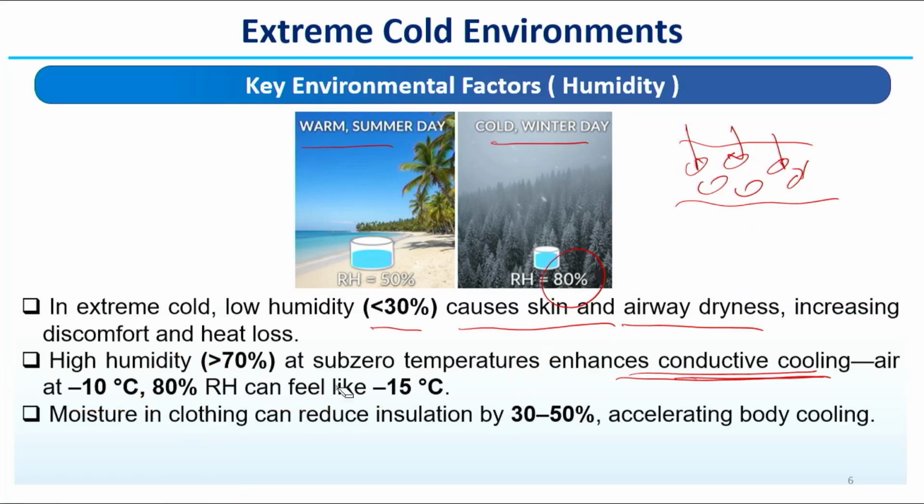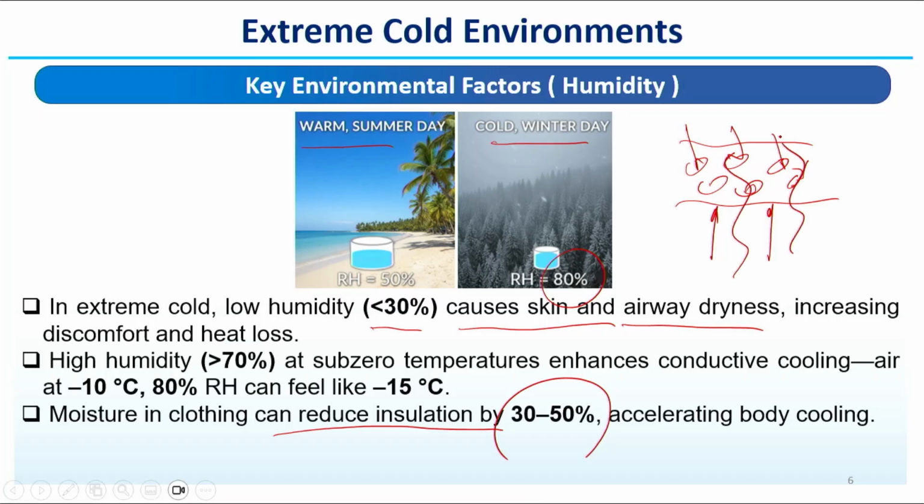Now, the moisture in clothing can reduce the insulation, that is well known, and that is what we have discussed. Inside the clothing, if moisture is there, that will enhance the thermal conductivity, and insulation may be reduced by 30 to 50%, which accelerates the body cooling by conductive heat loss.